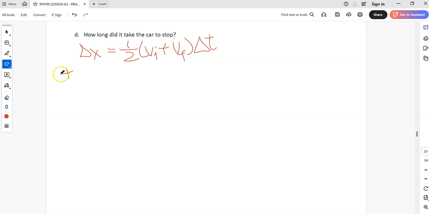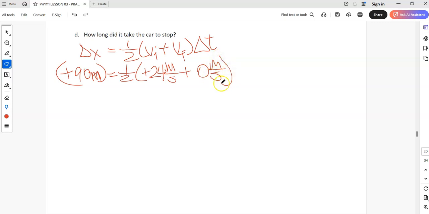We know that the displacement is positive 90 meters. 1/2 is 1/2. That's easy enough. Our initial velocity is positive 24 meters per second. And our final velocity is just 0 meters per second. So that makes that math easy. And then delta t. These, when we add them up, obviously add up to 24 meters per second.